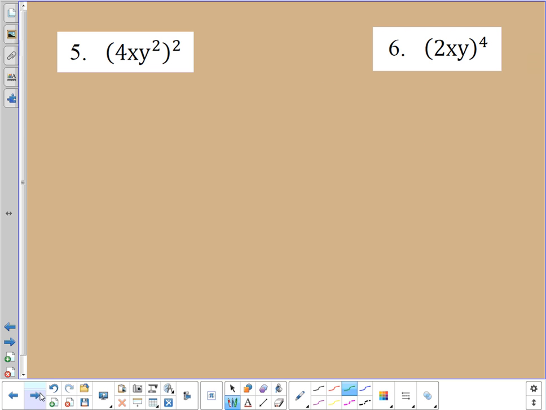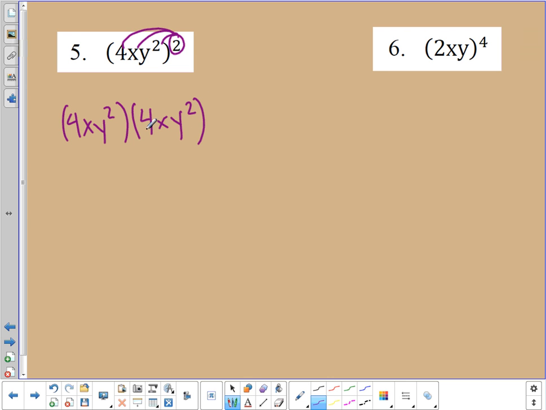Let's try number 5. In number 5, we have 4xy squared raised to the second power. So a couple of ways you can think about this. One way is the power of 2 that's on the outside goes to all 3 parts inside. Or you think about it as 4xy squared times itself 2 times.